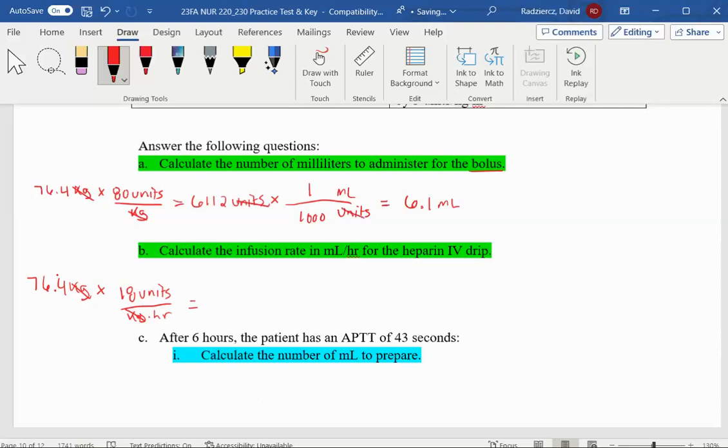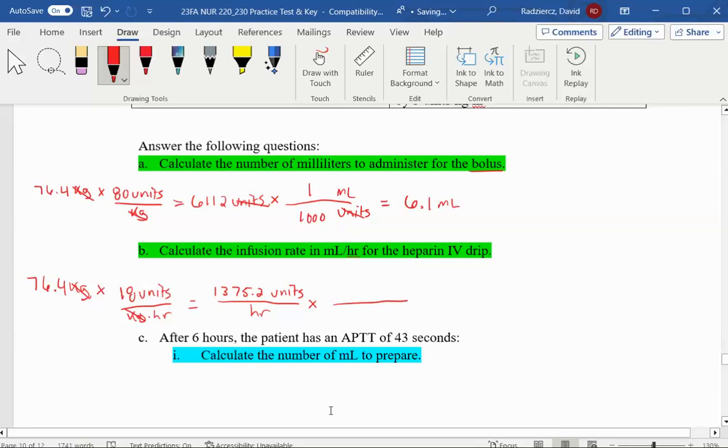So 76.4 times 18 gives me 1,375.2. And that's going to be units per hour. We don't want units per hour. We want milliliters per hour.